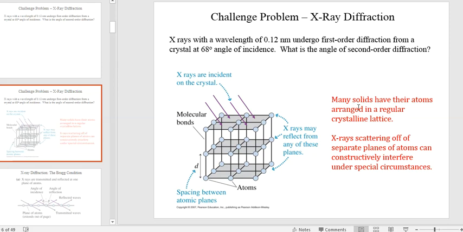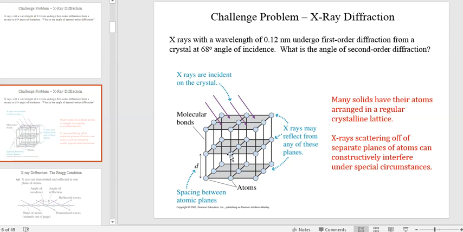So many solids have their atoms arranged in a regular crystalline lattice, and so the X-rays bounce off of these atoms. It's as if each group of atoms forms a plane, and those planes are separated by a constant amount, this d in this case.